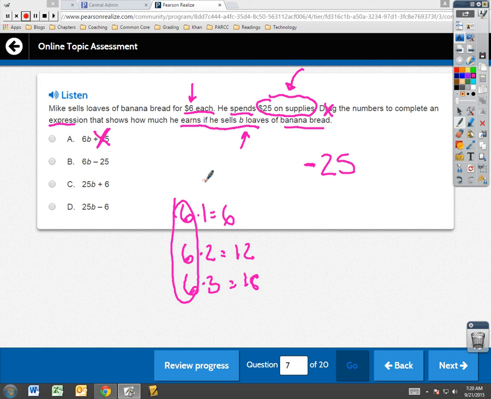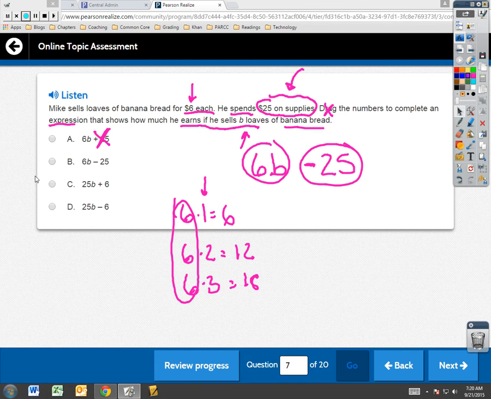The thing that's changing is the amount of loaves I sell. But notice what operation I'm doing. I'm doing multiplication. So it'd be 6 times B minus 25. All right. My revenue minus my costs will give me my profit. So the correct answer here is 6B minus 25.